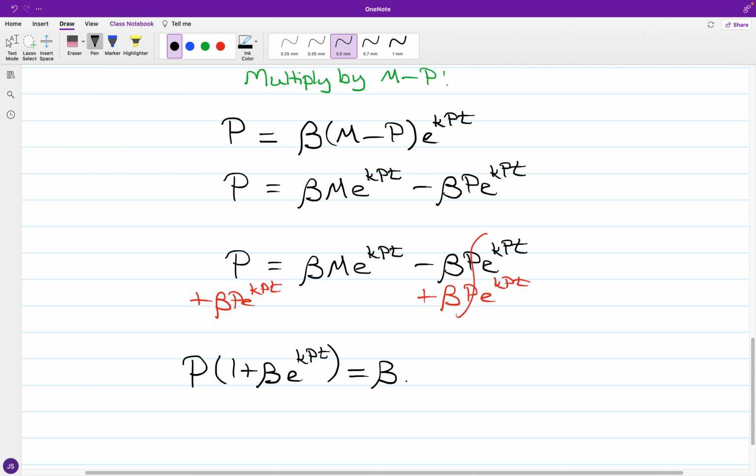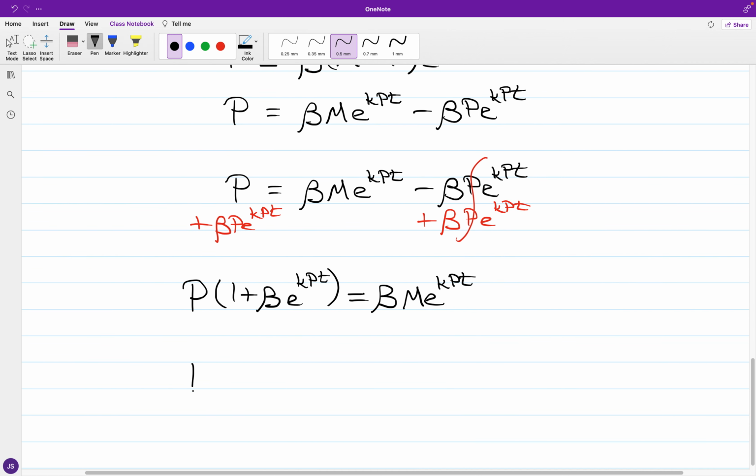is equal to beta times M times e to the kPt, and getting P by itself, you have beta times M times e to the kPt all over 1 plus beta times e to the kPt.